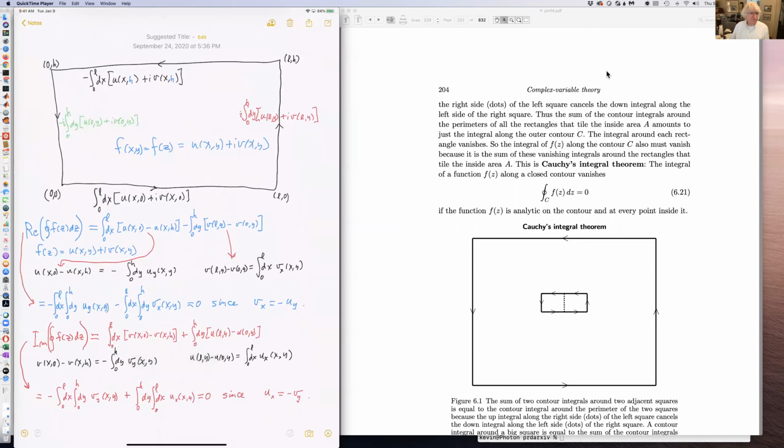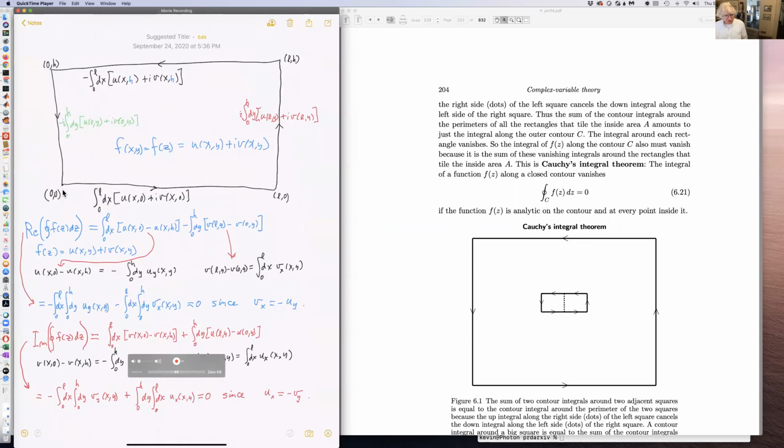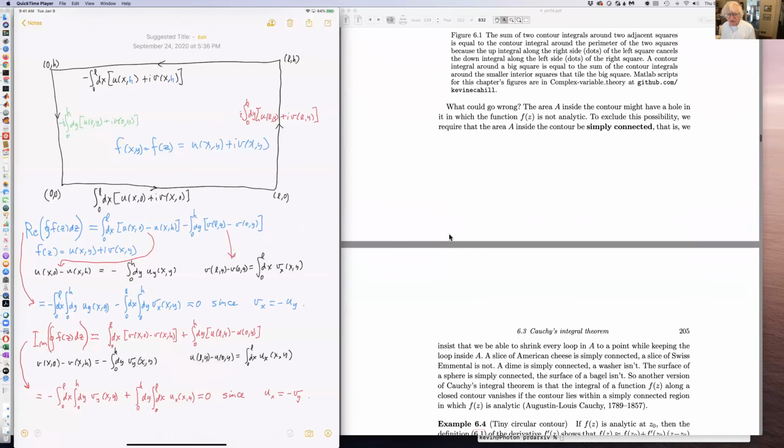The idea is you integrate around this rectangle, and then applying the Cauchy-Riemann conditions, you find that the integral from 0 to L, up to L plus iH, over backwards to iH and then down to the origin, that integral is actually 0. That's called Cauchy's integral theorem.